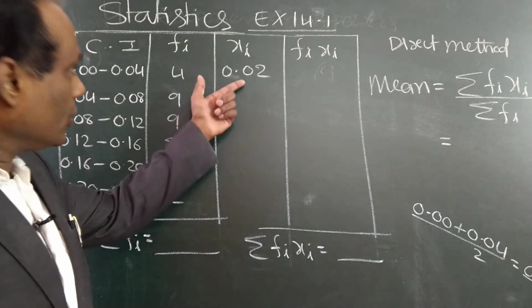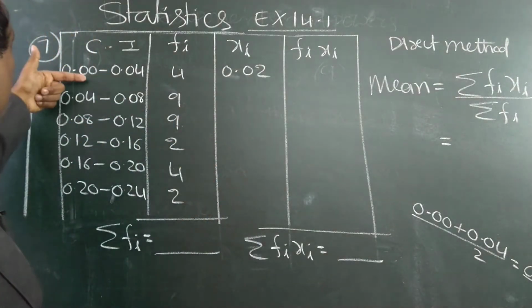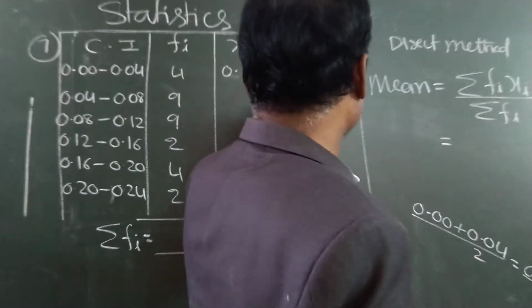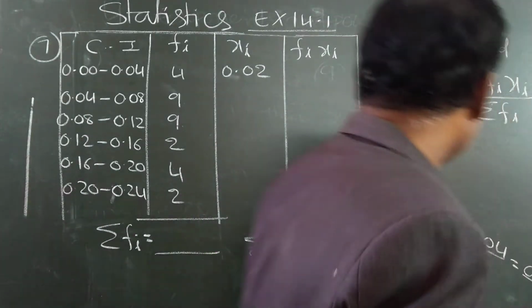Next, you can directly write because the difference is 0.04. So if you go on adding 4 to this, we can fill it.